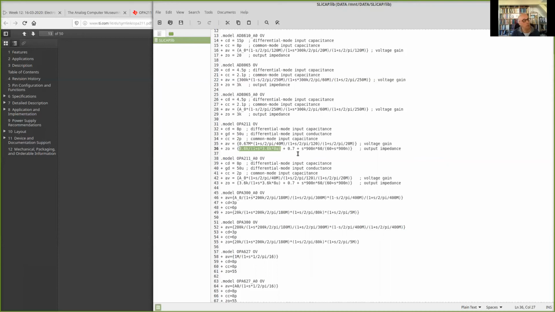You see the 0.7 ohm in series, and this was 3.6K. Oh, I took 8K, it was 3.6K. Okay, and 8 microfarad. So this is what SlideCap requires, and now we have a model of this operational amplifier, which is good enough. We don't need the whole macro model. This is just describing the small signal dynamic behavior.